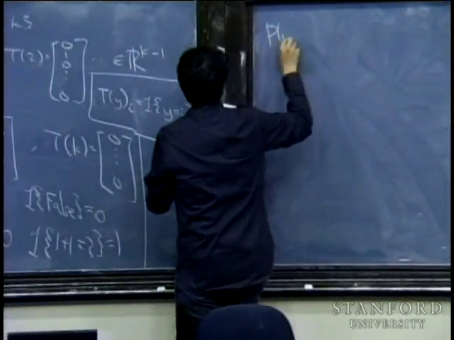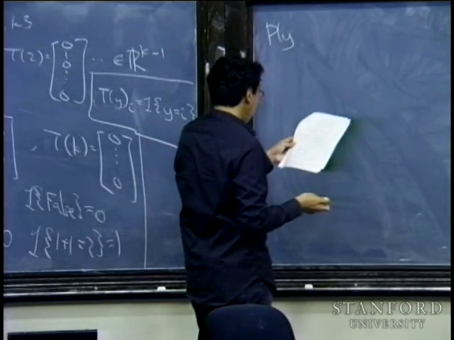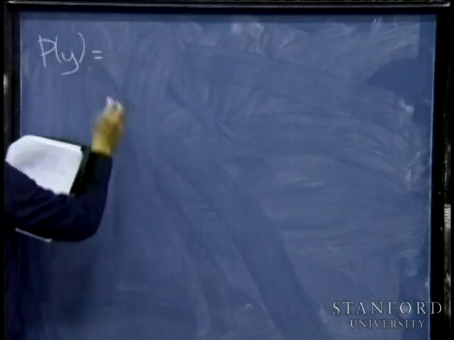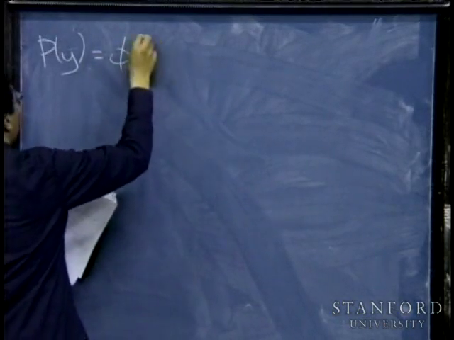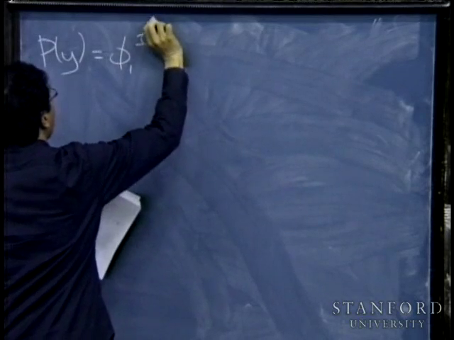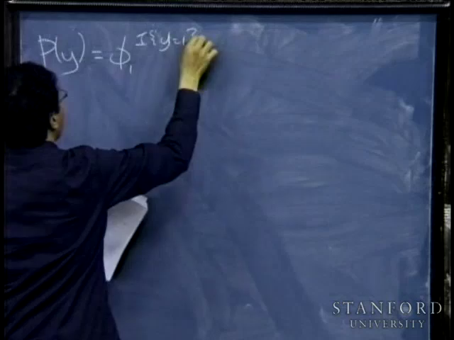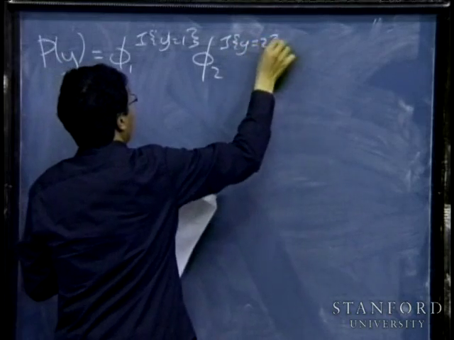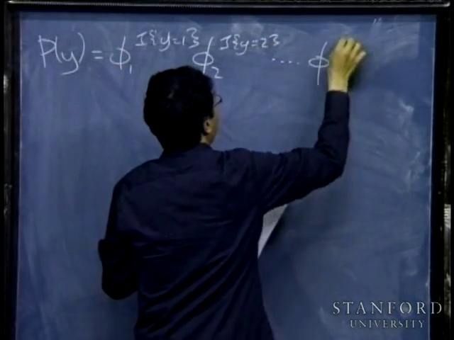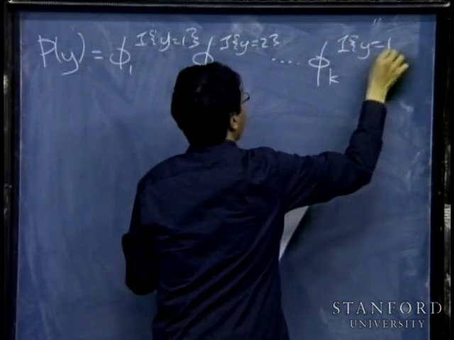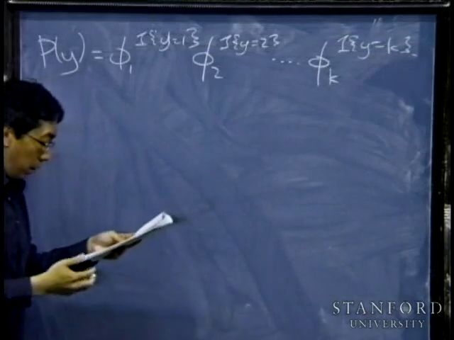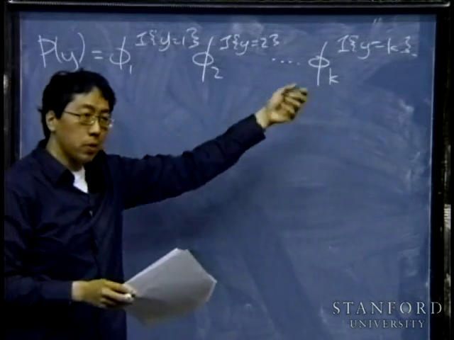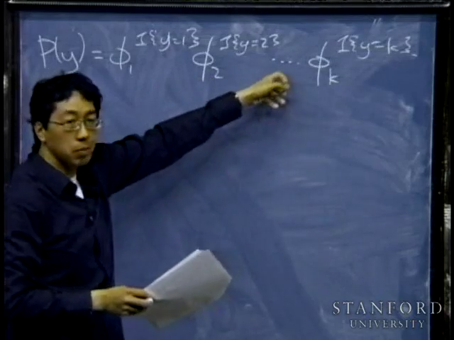So let's go ahead and write out the distribution for the multinomial in exponential family form. P(y) is equal to phi_1 to the indicator y equals 1, times phi_2 to the indicator y equals 2, up to phi_k to the indicator y equals k. And again, phi_k is not a parameter of the distribution. Phi_k is a shorthand for 1 minus phi_1 minus phi_2 minus the rest.